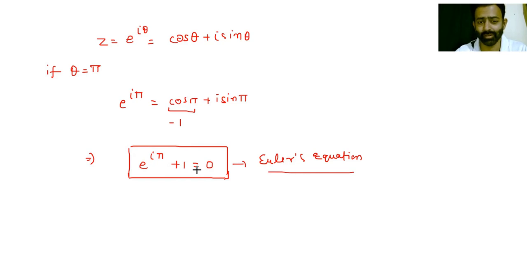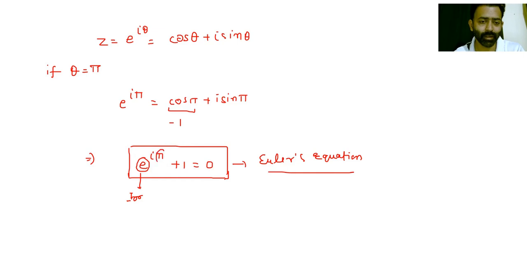So 0 and 1 are the special numbers as far as real numbers are concerned. Then we have this irrational number e. It also has a special place in real numbers, considering that the rate of change of the function is equal to the function itself. That is the definition of e raised to power x, the exponential function: its rate of change is equal to the function itself. If x is 1, you have the special number e, which is irrational.